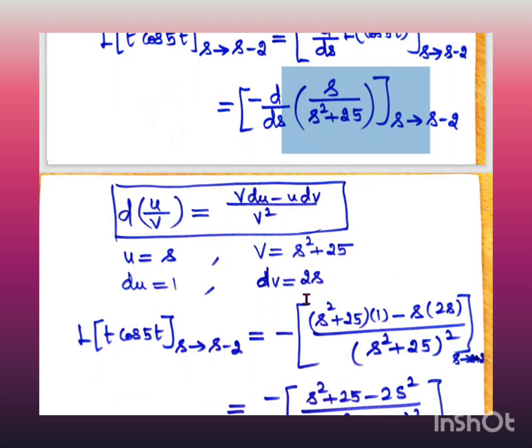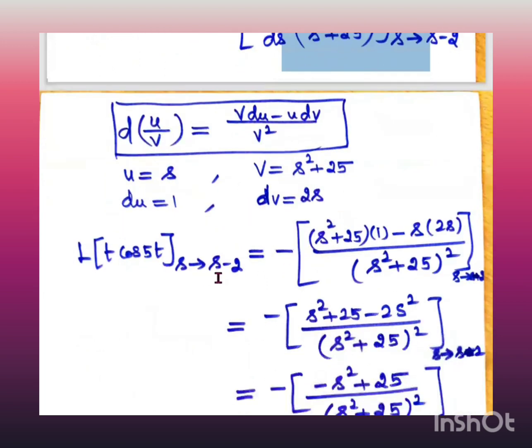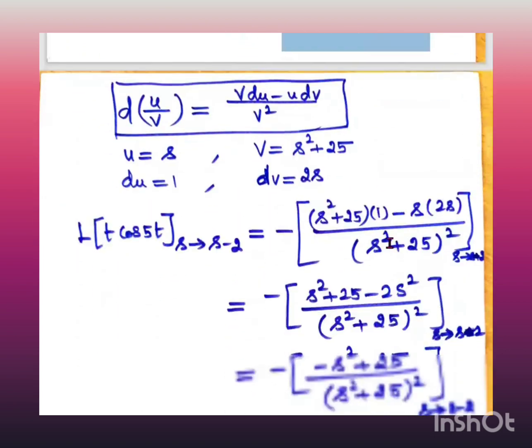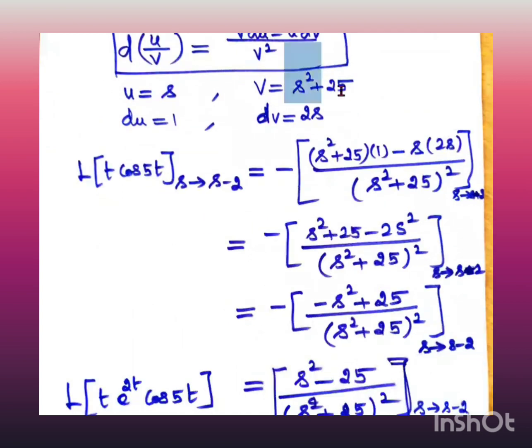So substitute in the formula. L of t cos pi t, s tends to s minus 2, is equal to minus of (v du minus u dv) divided by v square. v is s square plus 25 into du, du is 1, minus u s into dv, dv is 2s, divided by (s square plus 25) whole square, s tends to s minus 2.